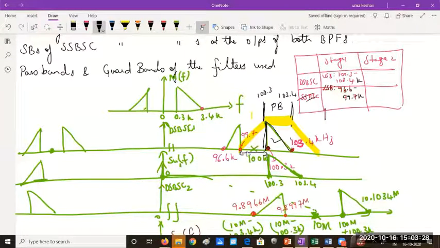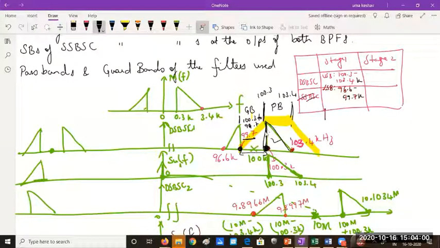So from here to here, what is the separation? The guard band is how much? From this point, which is 100.3 minus, or let me say 99.7. See, please observe the frequency at this point is 99.7.